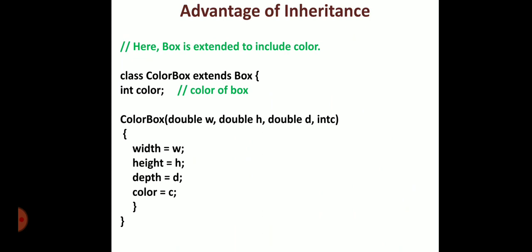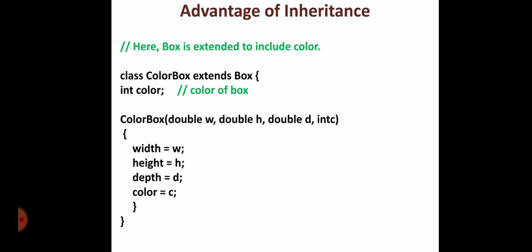Next let us see what is the actual advantage of inheritance. In the previous example we have seen that the subclass was to add weight. Already there is a Box which has three parameters such as width, height, and depth. Now we wanted to add a fourth parameter called weight. So we had one extra subclass which extends this Box class, called BoxWeight, which added the weight of the box.